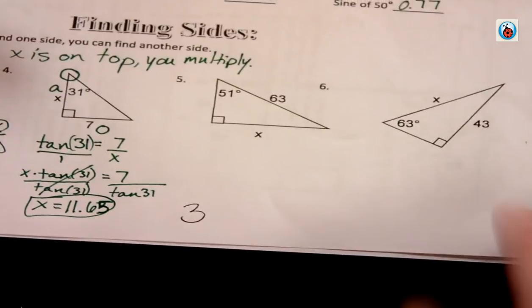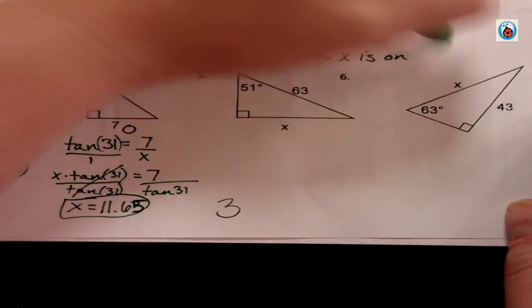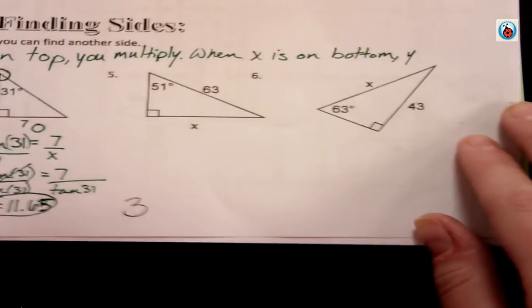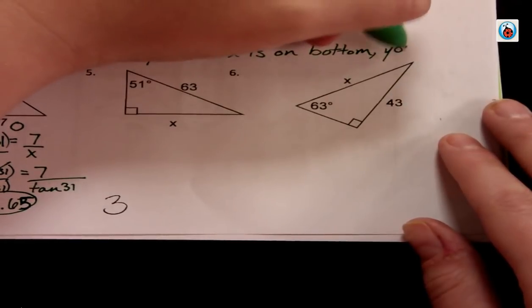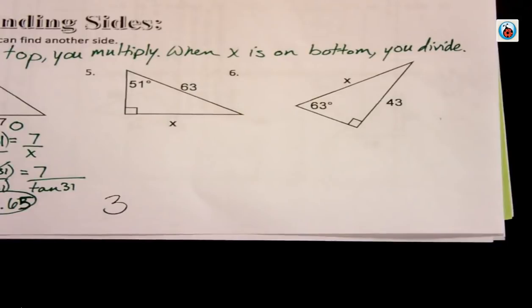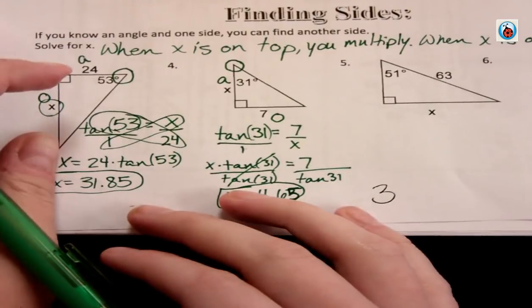When x is on top, you multiply. When x is on bottom, you divide. Easy peasy. Every single time, it's going to happen the same way.